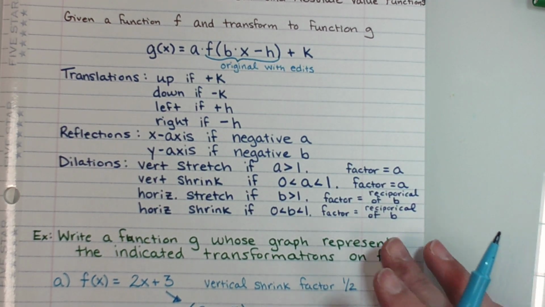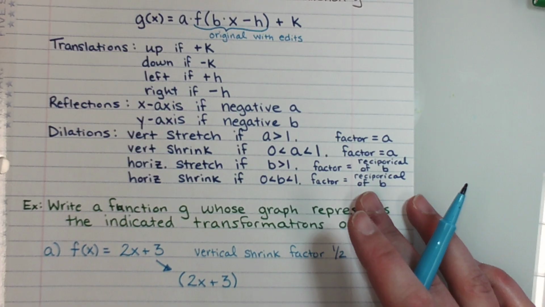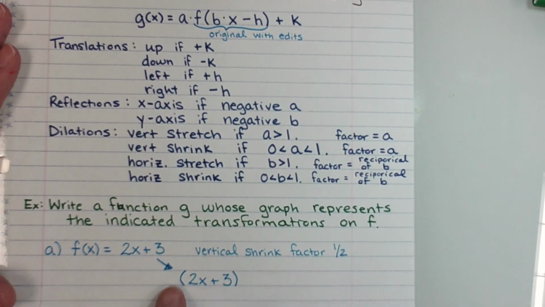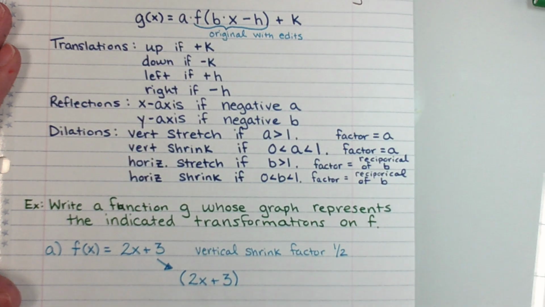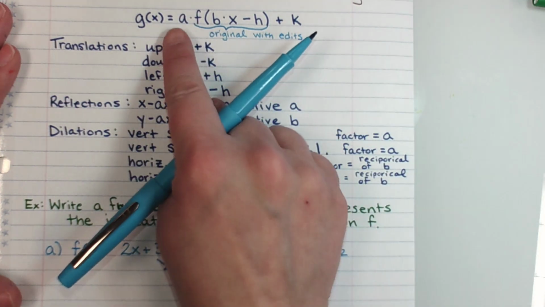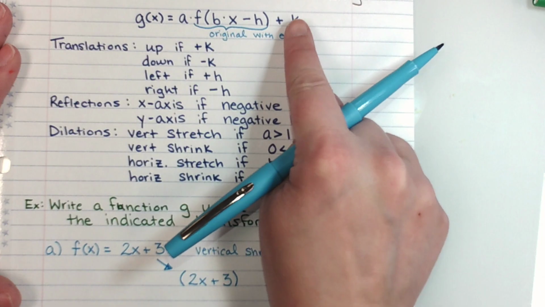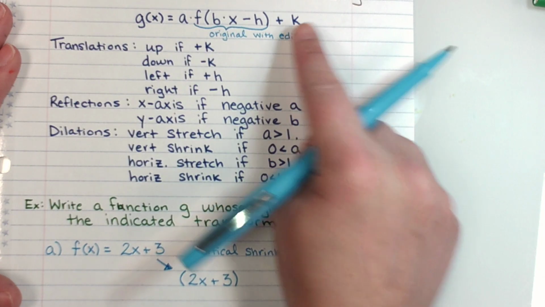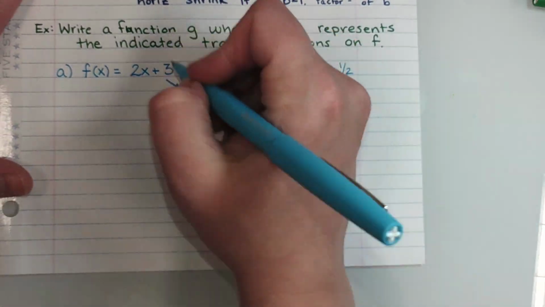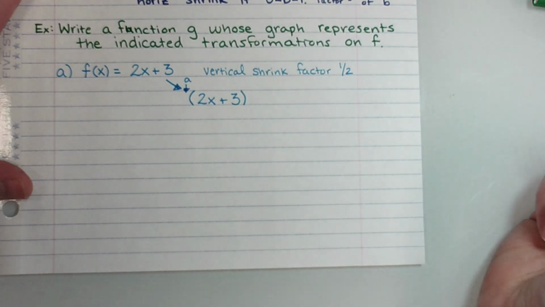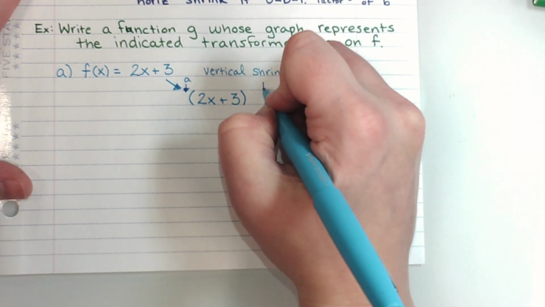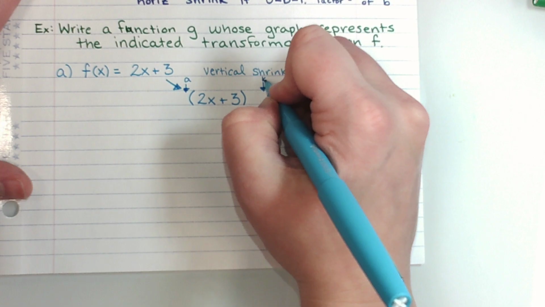So when I take my function, my 2x plus 3, in parentheses, that's essentially sitting right here. That means that the a gets multiplied in front of it, the k goes after those parentheses. So right here is where I would put any a values, while over here is where I would put any k values.